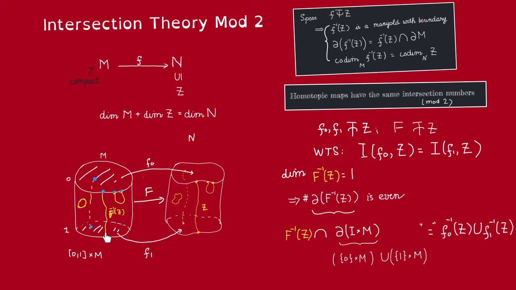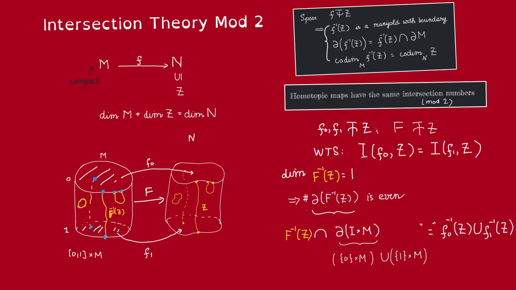That means the total number of blue points here must be even, and thus the number of blue points on top and the number of blue points at the bottom must have the same parity. They must be either both even or both odd. In other words, these two fibers have the same cardinality modulo 2.